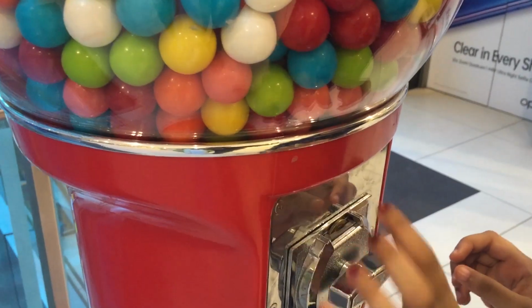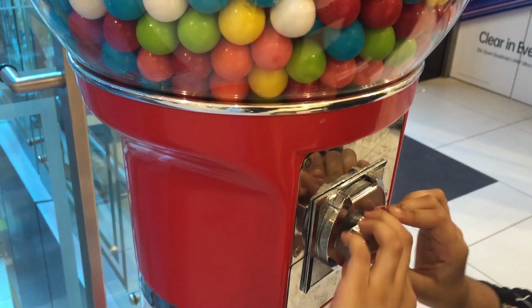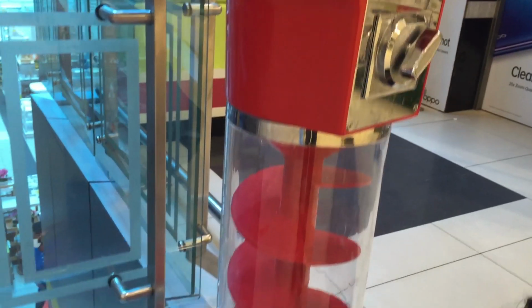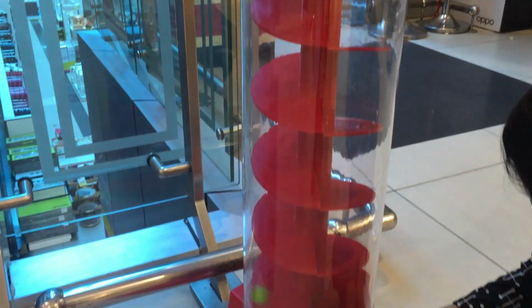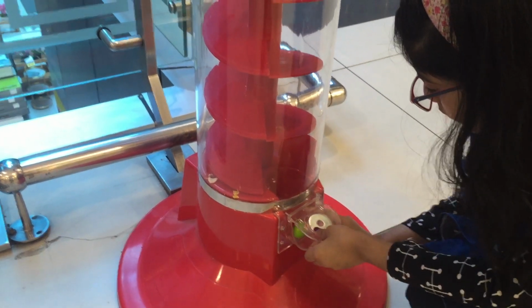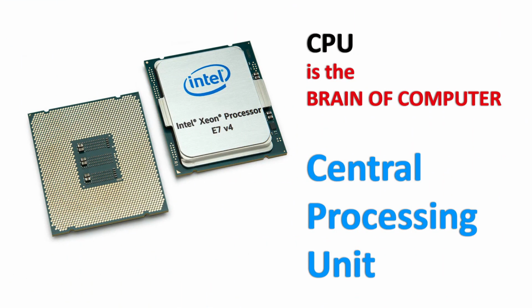Yes, she has inserted a coin, and now it is processing. This is the process. The system will process among these hundreds of balls and dispense only one ball, and it is giving it. See, now we got a single gumball as output. So this is a simple example for input, process and output.